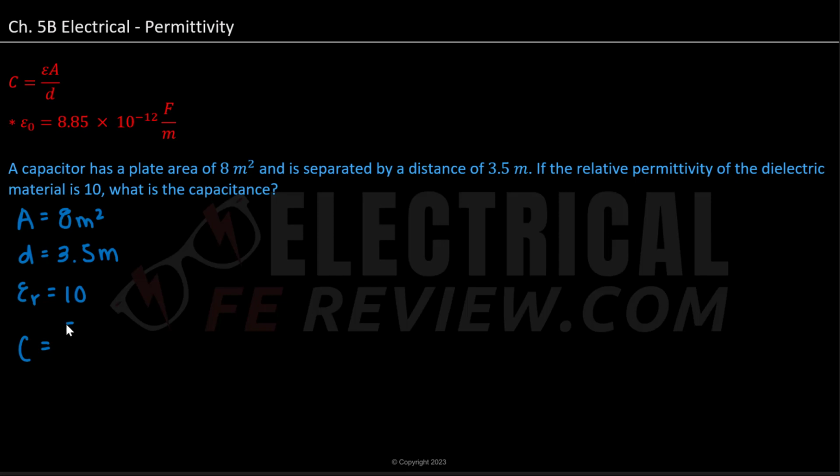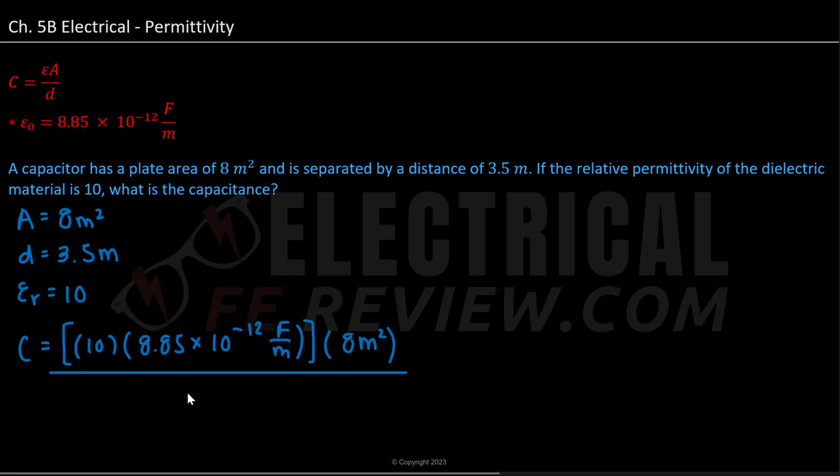So we have 10 times 8.85 times 10 to the negative 12, which is in farads over meters. Multiply this by our area, which is 8 meters squared, and divide this all over by 3.5 meters.